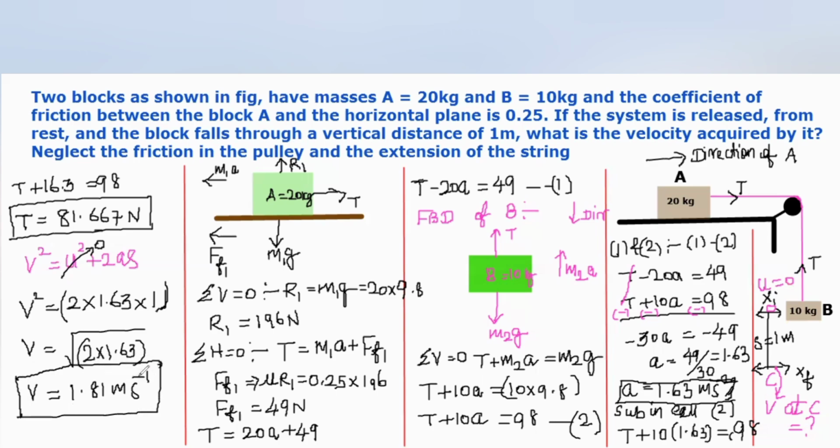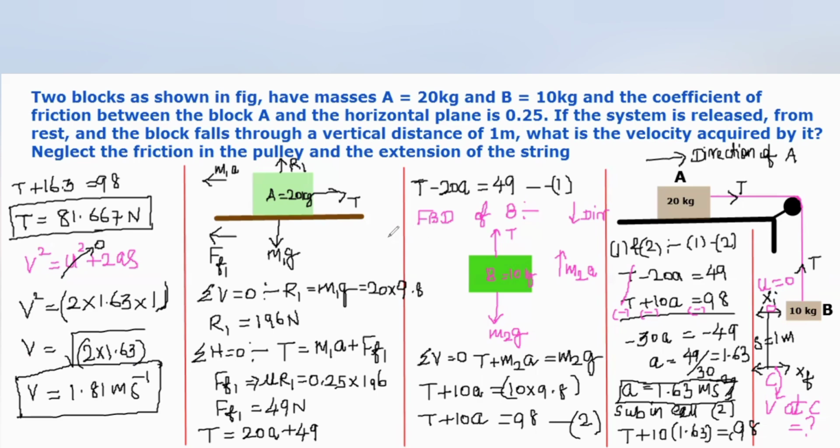Okay, so here two blocks are given, A and B, 20 kg and 10 kg. The 20 kg block is moving over a rough horizontal plane. The coefficient of friction is given. Block B is freely hanging and will move downward. The two bodies A and B are connected by a string, so the tension will act as shown in the diagram.